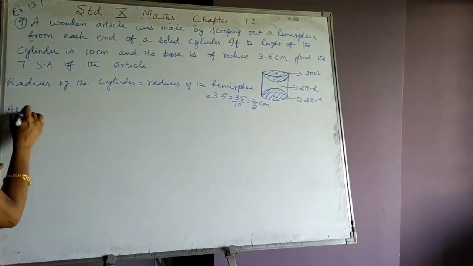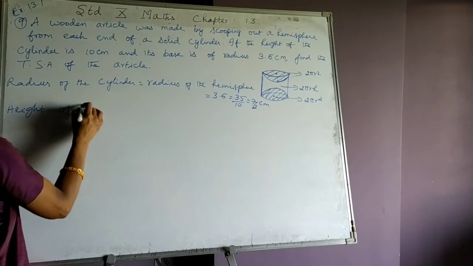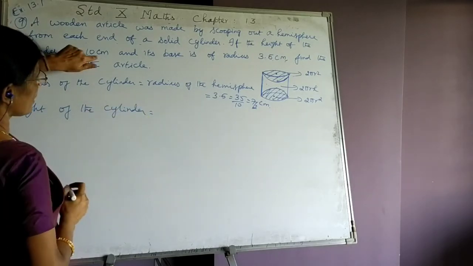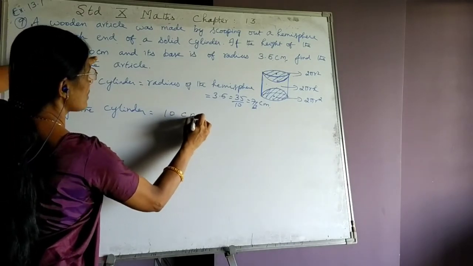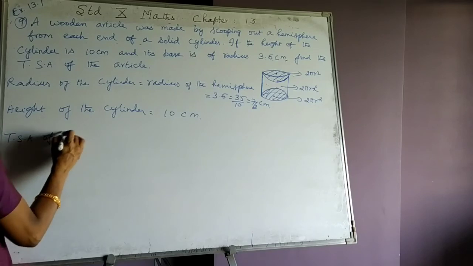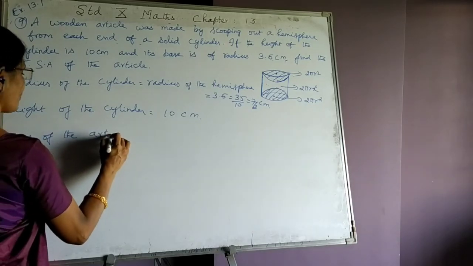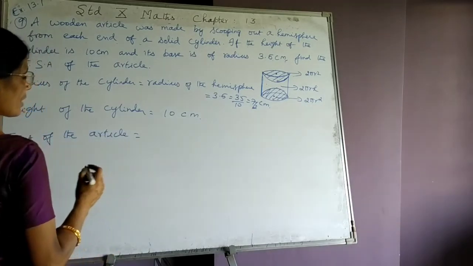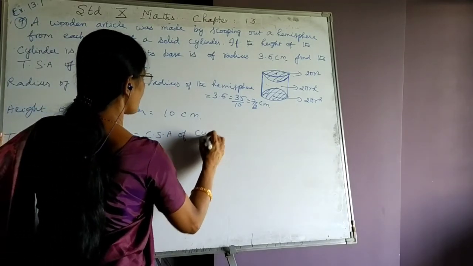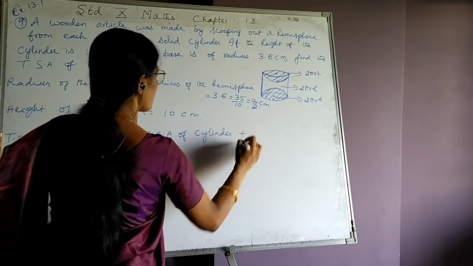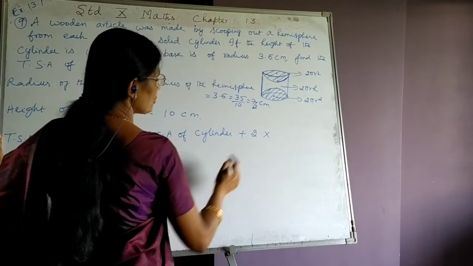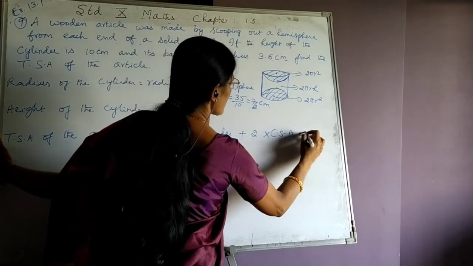Then height of the cylinder is 10 centimeter. TSA of the article is CSA of cylinder plus 2 identical hemispheres. Therefore, I take 2 into CSA of hemisphere.